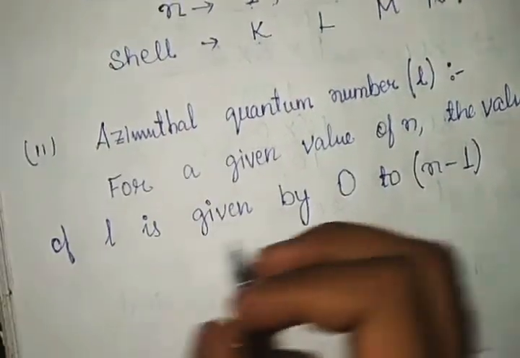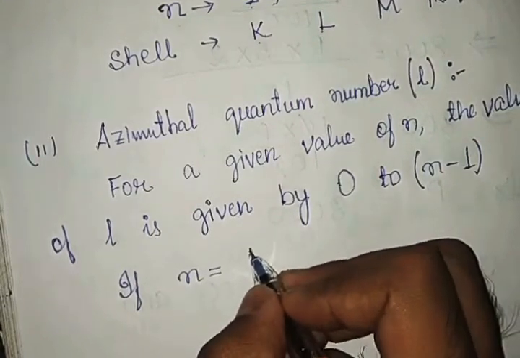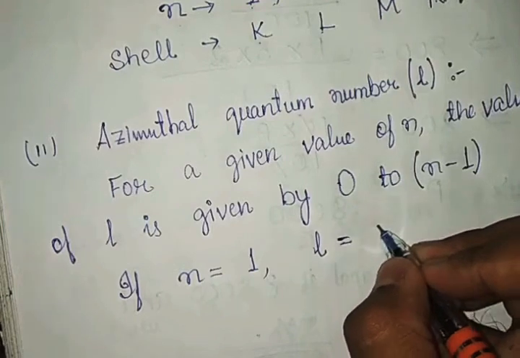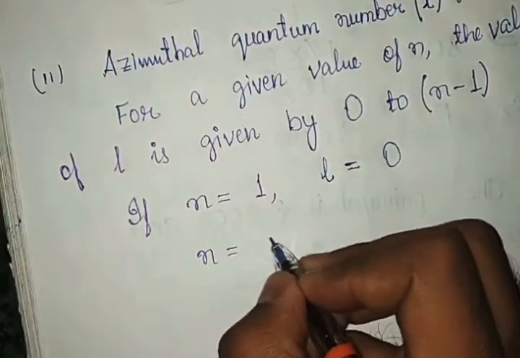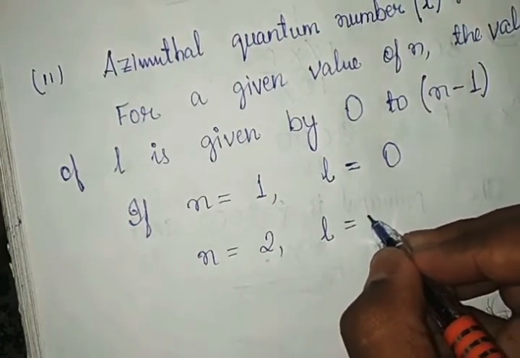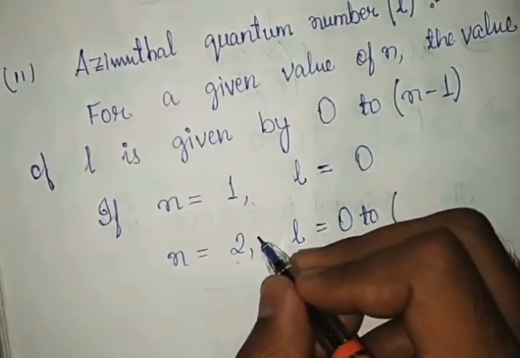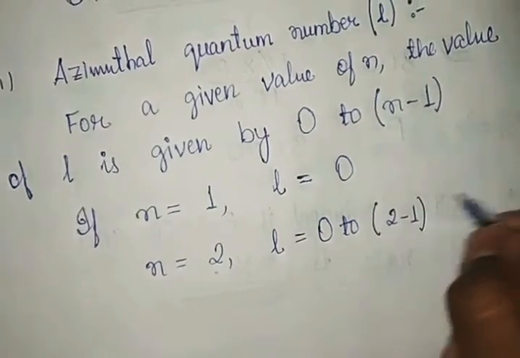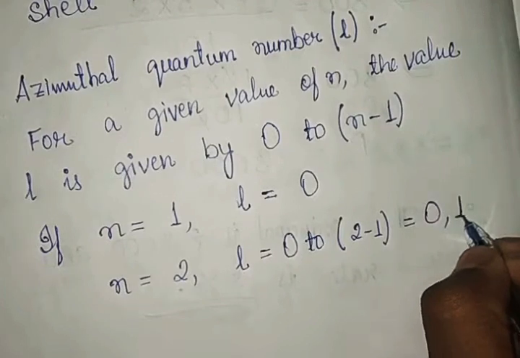It means that if n is equal to 1, then the value of L will be 0. If the value of n is equal to 2, then L goes from 0 to n minus 1, that is 0 to 2 minus 1. Here the value of L will be 0, 1.